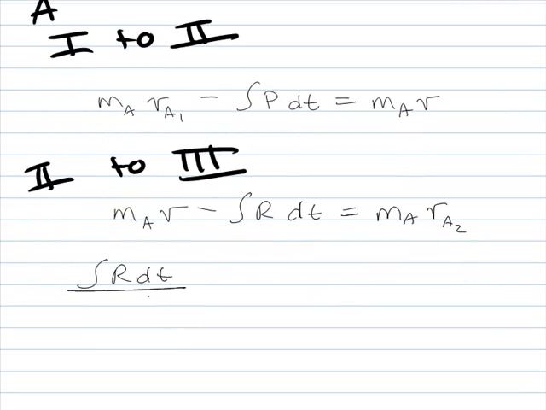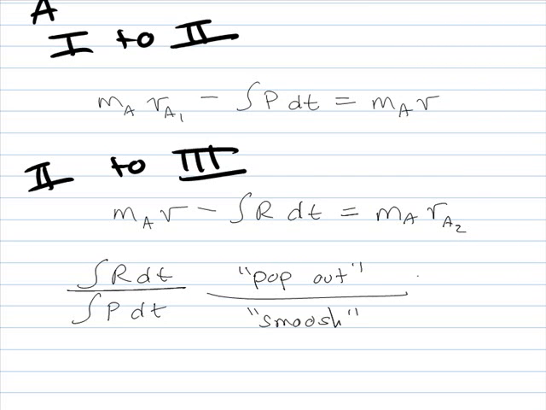Okay. So now what I want to do is look at the ratio of unsmushing to smushing. The reason I want to do this is how much I pop out, right? This is how much I pop back out, and this is how much I smush. Now, if we decide that this number on the bottom is always going to be bigger or equal to the top, in an ideal situation, it'll be equal.